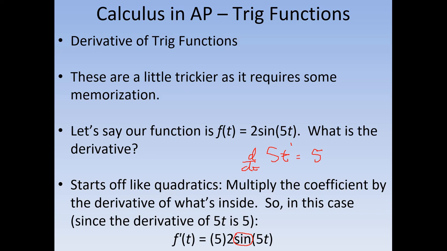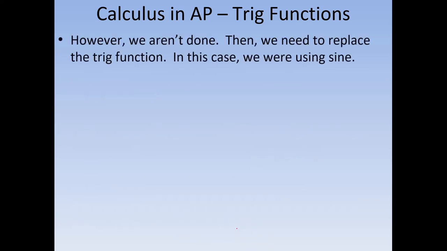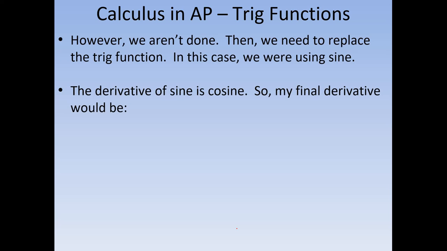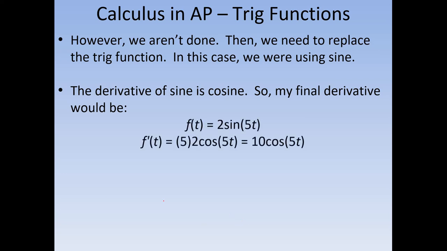So I'm not done yet. Since we're using sine, I need to remember that the derivative of sine is actually cosine. So when I multiply the front term by 5, I'm actually going to flip the sine and turn it to cosine. So my actual derivative of 2 sine 5t is now 10 cosine 5t.